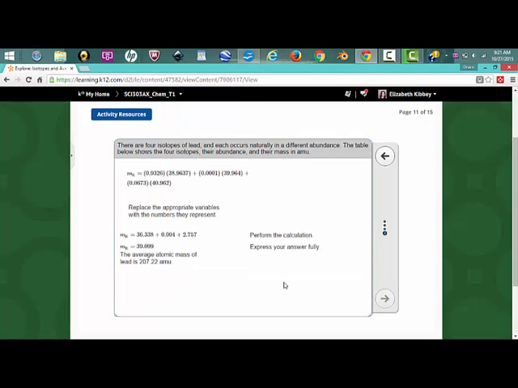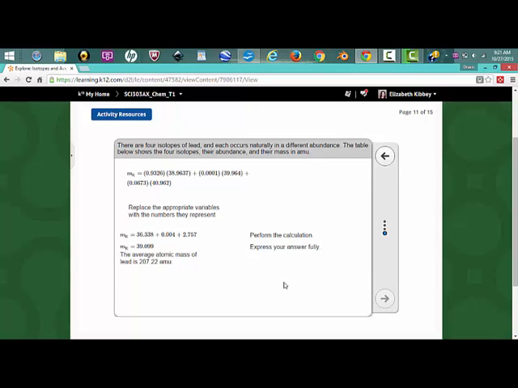Mass potassium equals 0.9326 times 38.9637 plus 0.0001 times 39.964 plus 0.0673 times 40.962. Replace the appropriate variables with the numbers they represent.